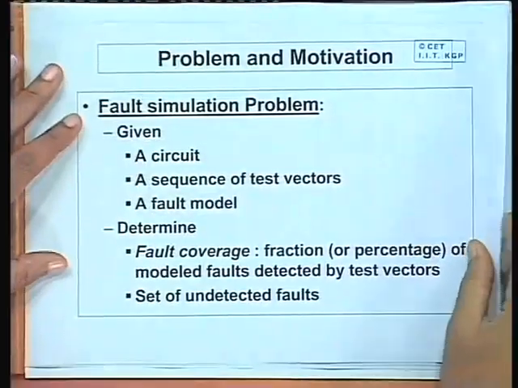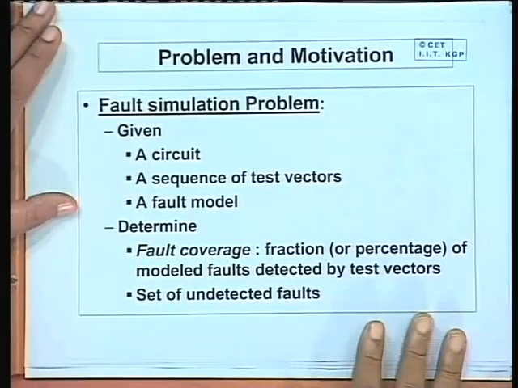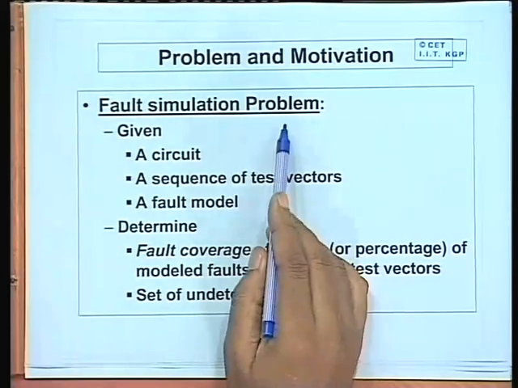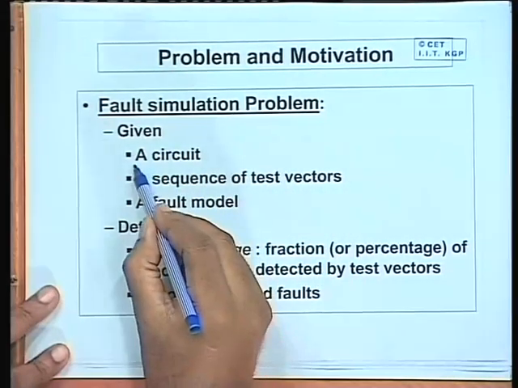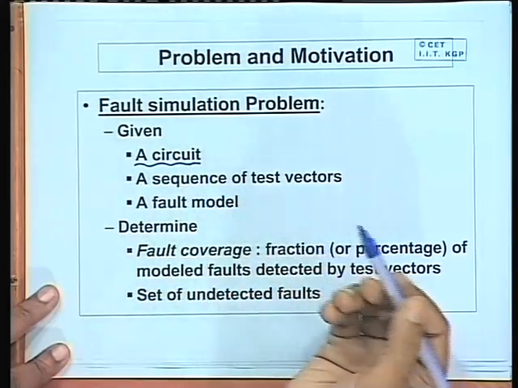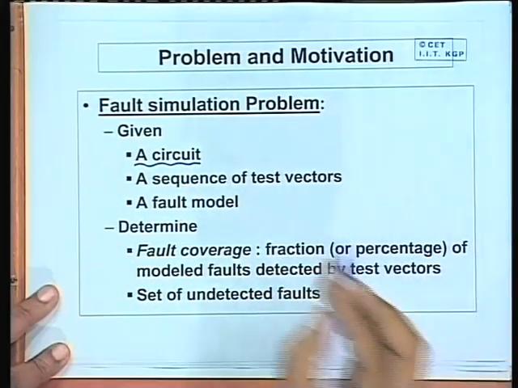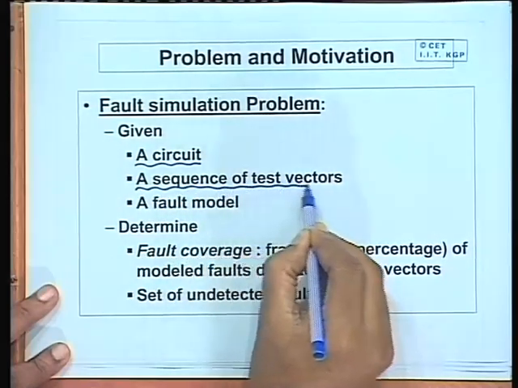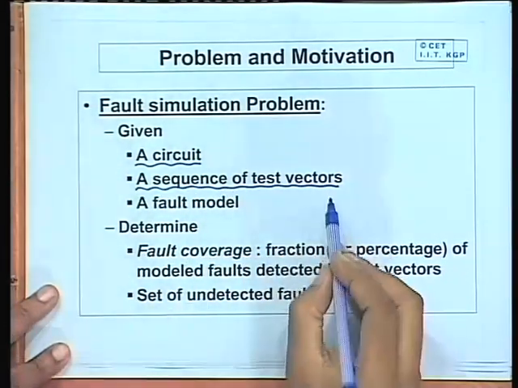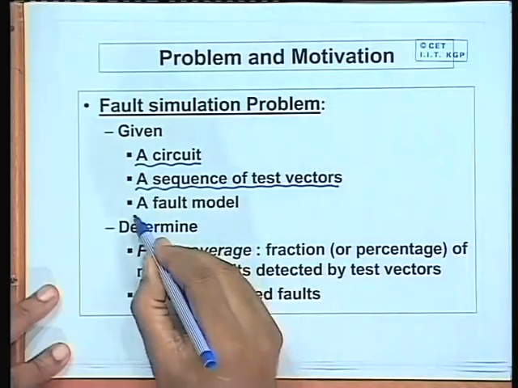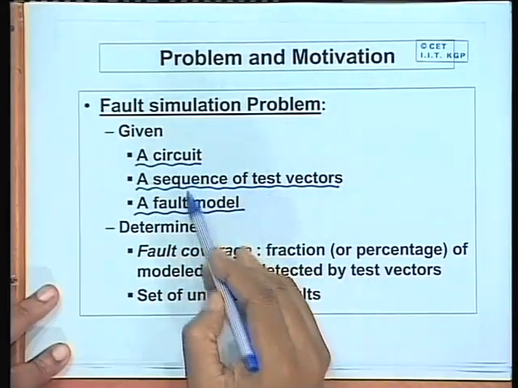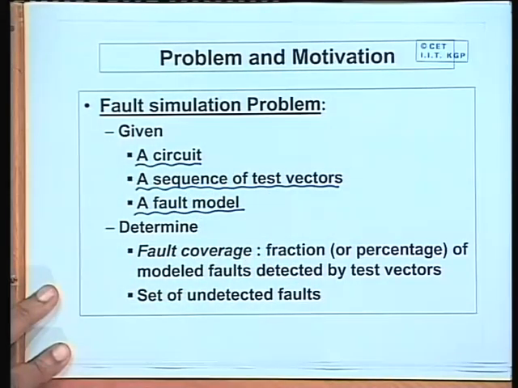So, the fault simulation problem and motivation are as follows. In the problem, we are given a circuit, typically a netlist of gates. We are also given a sequence of test vectors which we want to evaluate, and of course a fault model. These are the three things which are given to us. So, what do we want to determine?